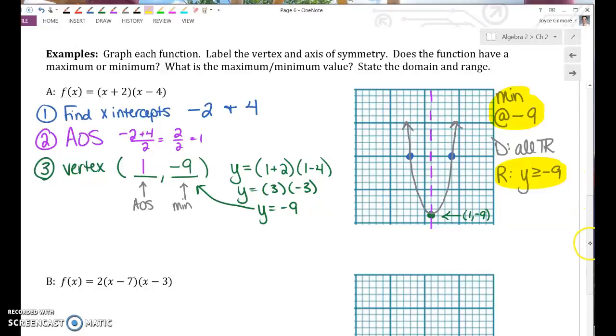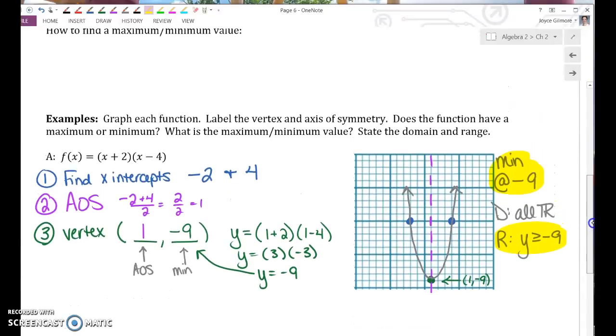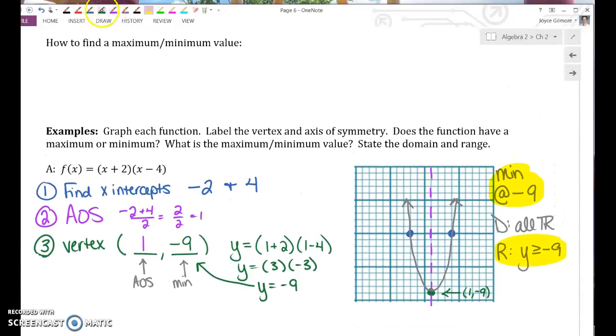Okay, let's go back up to how to find the minimum or maximum, and let's figure out what we should write there. I'm going to say find the halfway point between the x-intercepts.